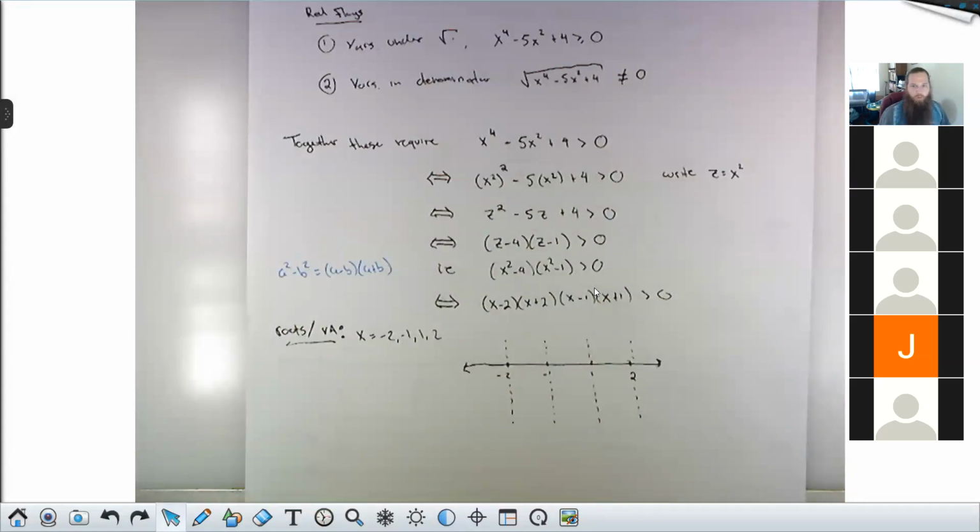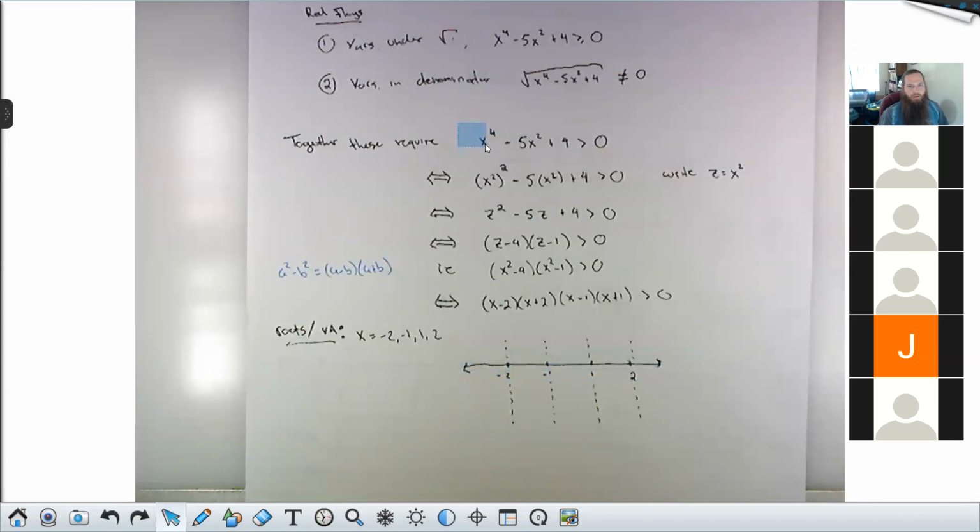Who can help me fill in one of these signs without any test points? If it's x to the 4th, wouldn't the leftmost be up? Positive? Good, because this is 1 times x to the 4.